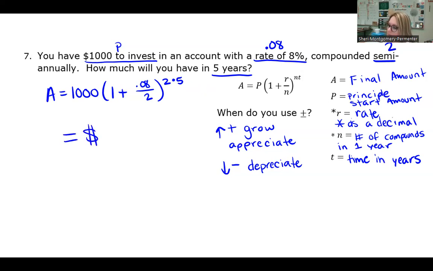And this is going to be a money answer. You can do second enter, it'll pop back up.